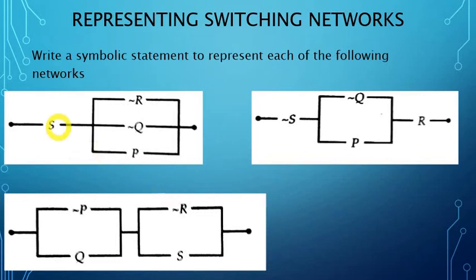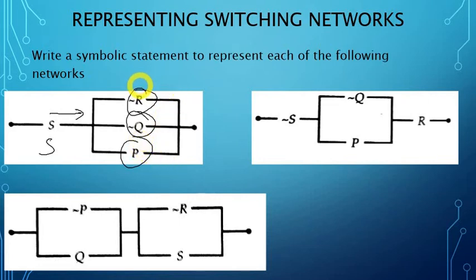Alright, so let's start with the first one. As you can see, we have S connected to this parallel network. So that means we will have S and something. Now, this is not only just 2, but we actually have 3 switches connected in parallel.